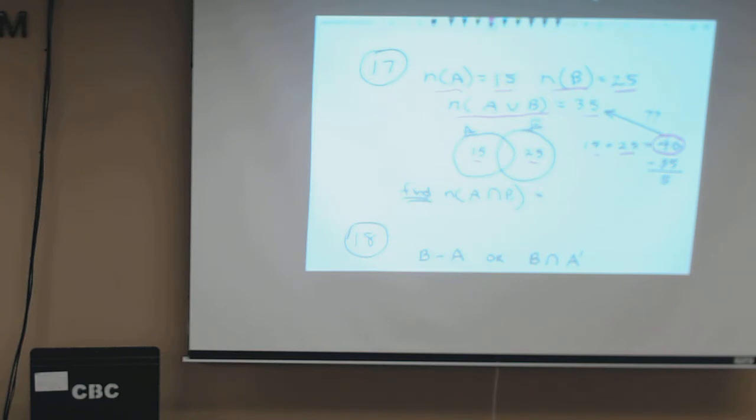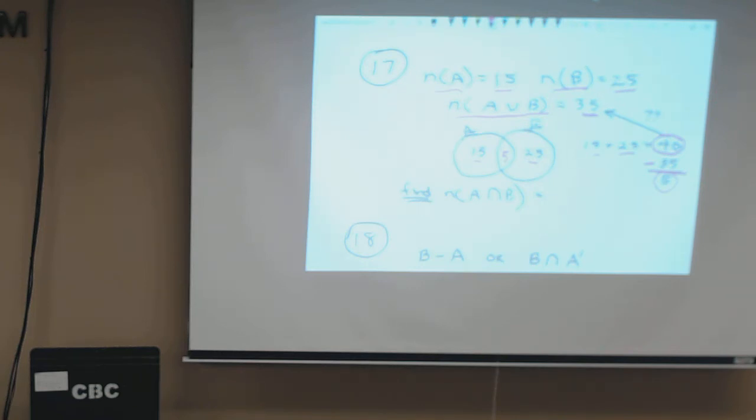And they just said the number of elements in A union B is 35. So I have to subtract 35 from that 40, because I've got 5 too many. And guess where those 5 go? Right there.